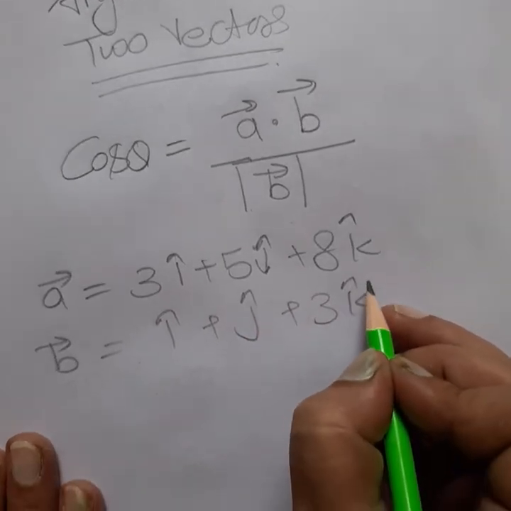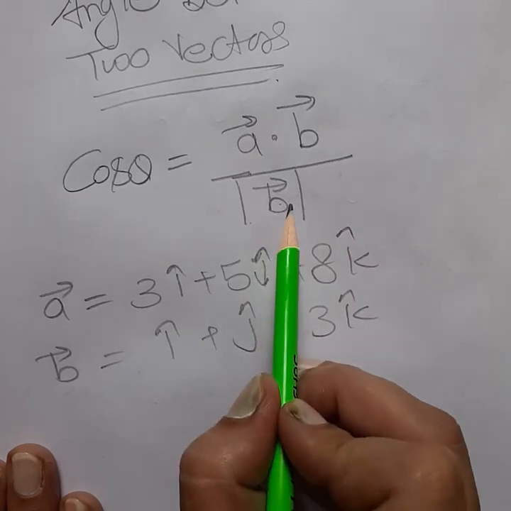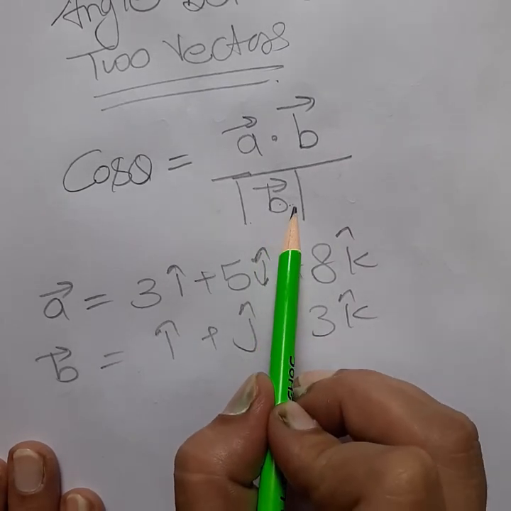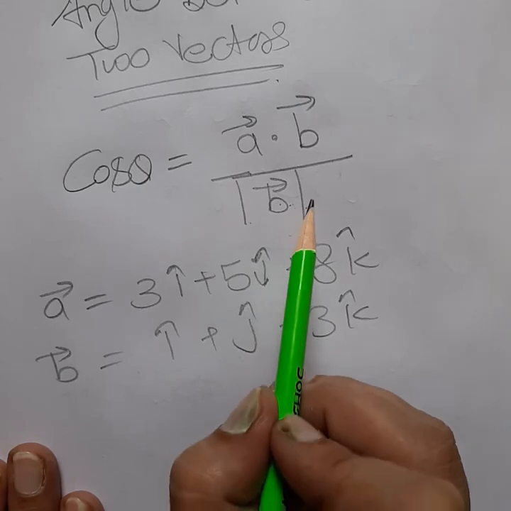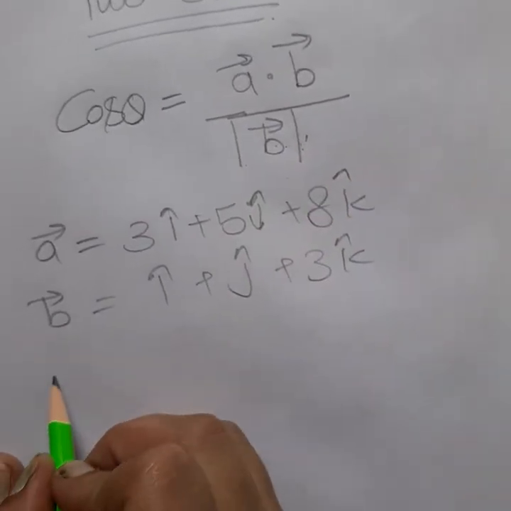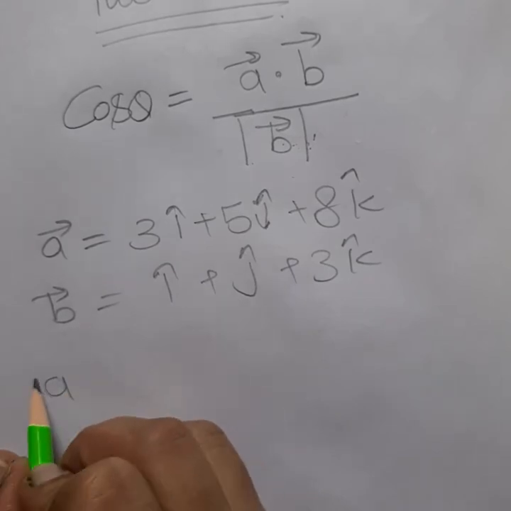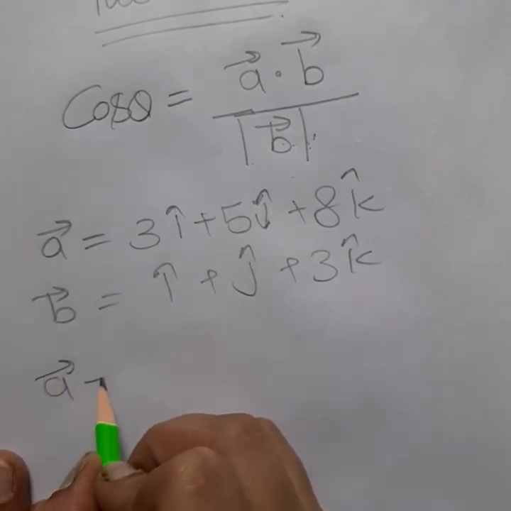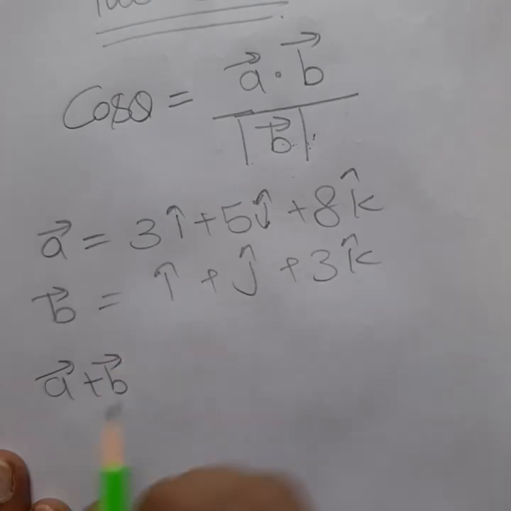Before starting this topic we should know about the addition, subtraction and dot product of vectors. If we add these two vectors, we write a vector plus b vector.